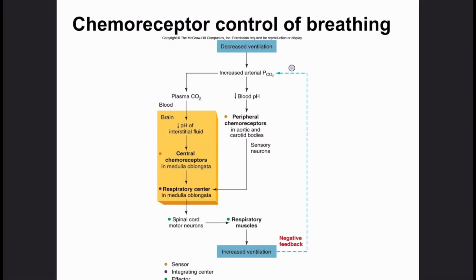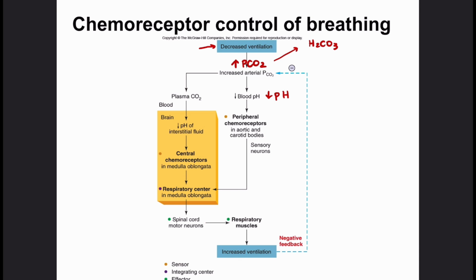So this is kind of a confusing graph here, but let's start at the top where we have, for some reason, a decreased amount of ventilation. So for some reason we have increased pressure of CO2. Increased CO2 is going to possibly produce that weak acid, and that is going to decrease pH of blood.